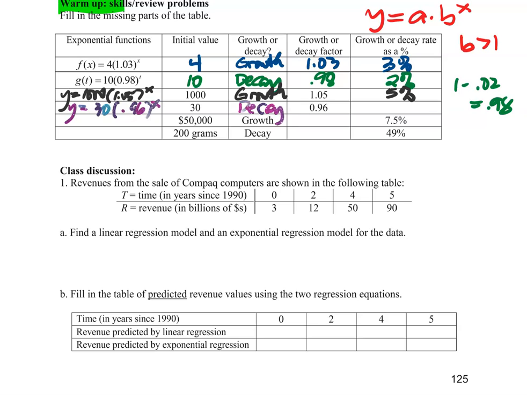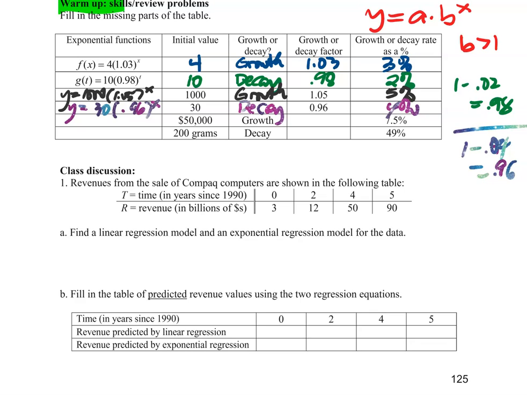And when we subtract that from 1, yes, 0.04, so that is 4%. So 1 minus 0.04 is 0.96, so that is your decay factor.